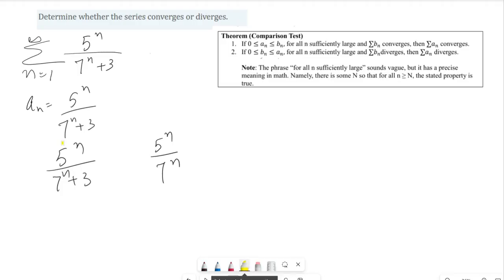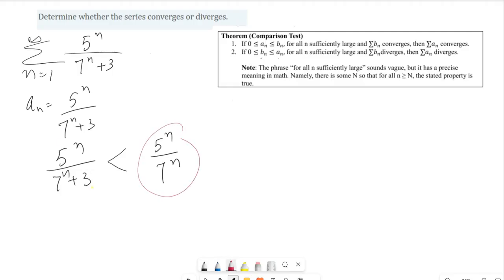In the first term there is plus 3 in the denominator, so this denominator is larger. When the denominator is larger, the whole term becomes smaller than the next one, because if you're dividing by a larger number, the actual term is smaller. So this sign comes in the inequality: 5^n by 7^n plus 3 is less than 5^n by 7^n.